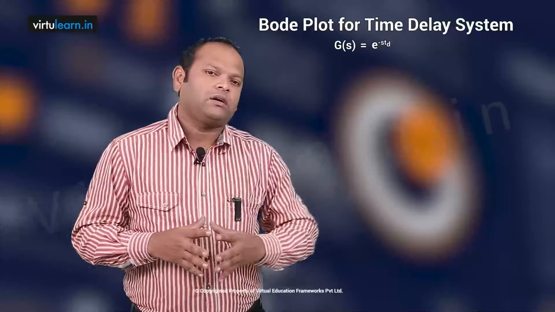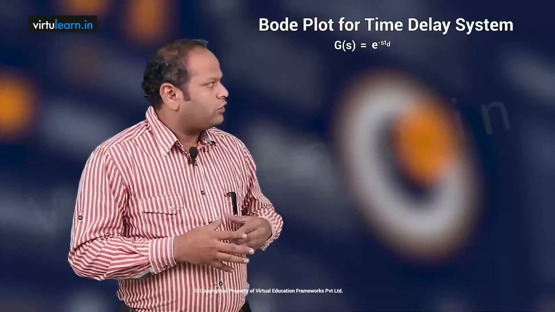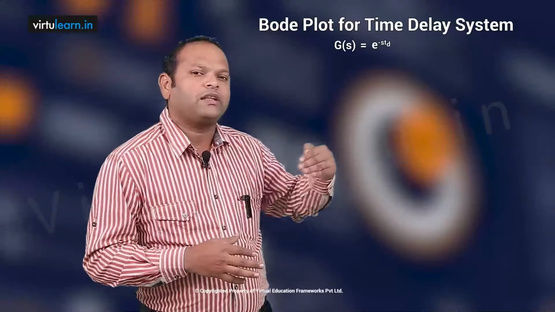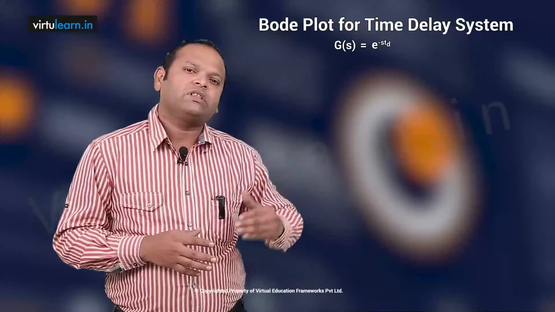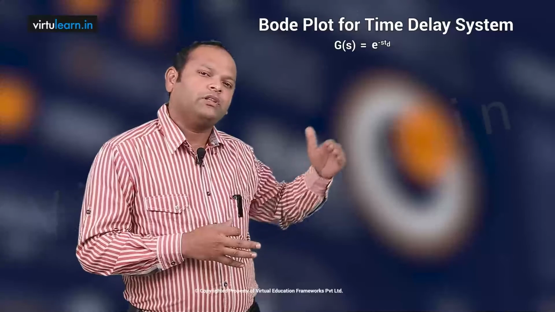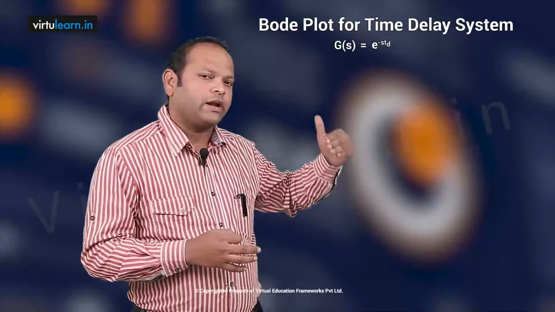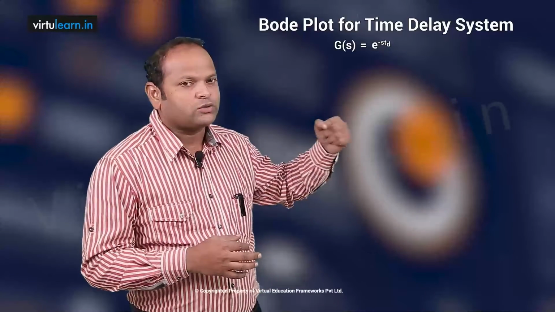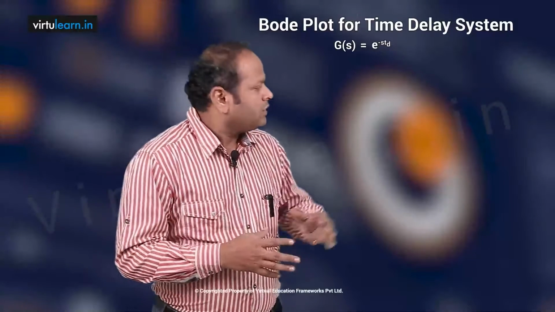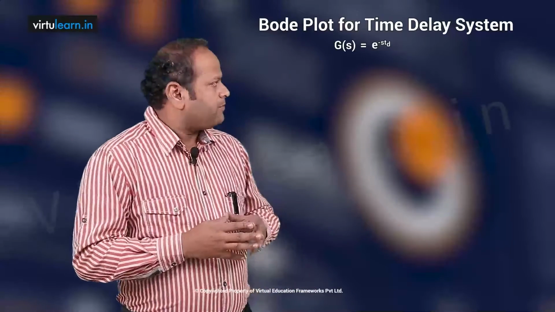Td is the delay time. We already know that if delay time is introduced, the system behavior completely changes. Sometimes even a stable system may become unstable, or the performance of a system which is already very good may be degraded when you introduce more delay into the system. So that is the delay time Td.